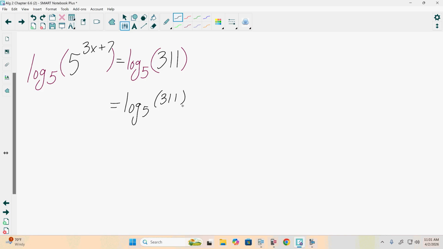The left-hand side, log base 5 of 5 to the 3x plus 7, is going to simplify to 3x plus 7, because the exponent moves to the front and it simplifies out. There are some cases where that wouldn't be the case, but as long as the base of the logarithm and the base of what's inside the logarithm are the same, it simplifies to 1, leaving us with what's inside the exponent.